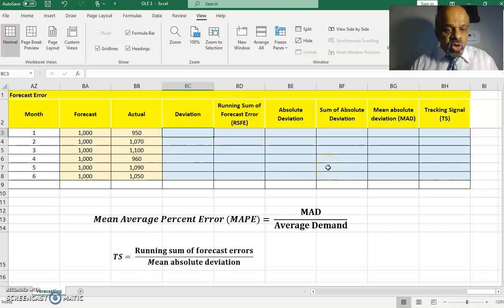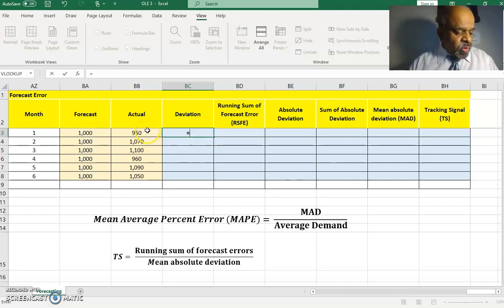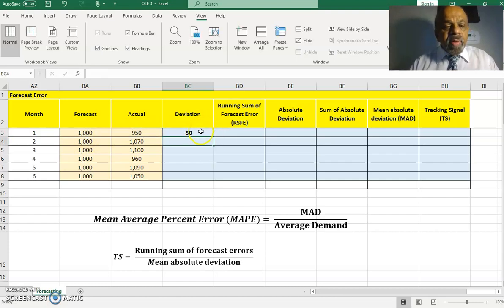What is the deviation? The first thing that I'm going to calculate is the deviation. For month 1, the deviation is going to be equal to the actual demand minus forecast, and that is going to be minus 50. I'm also going to have a running sum of forecast error. I'm going to explain this to you.